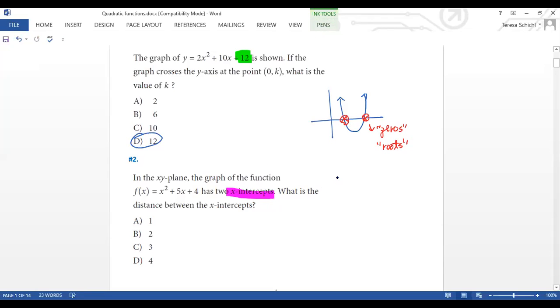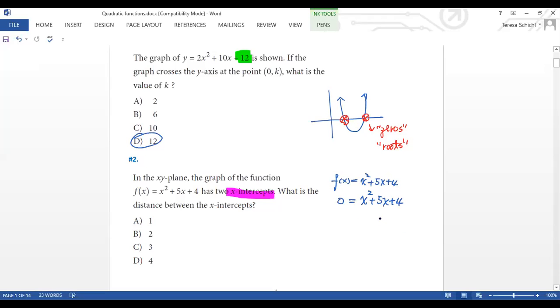So here your f of x is x squared plus 5x plus 4. When it touches the x-axis, that means y equal to 0, so you set x squared plus 5x plus 4 equal to 0. Remember, we have 2 ways to do it. The first way is to see whether you can factor.